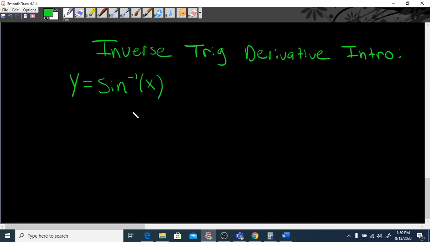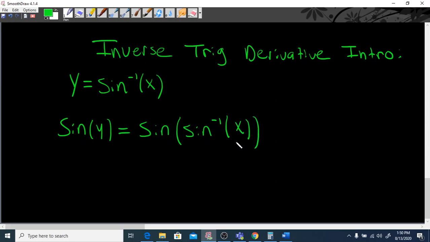And the idea is you want to manipulate this thing in such a way that you can use stuff you already know. So in particular, what I'm going to do is take the regular sine of both sides, and these are inverse functions of each other.